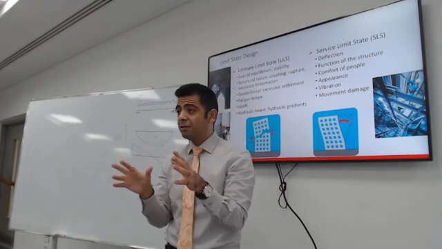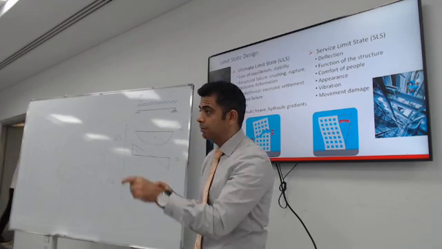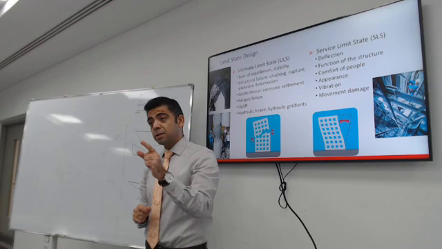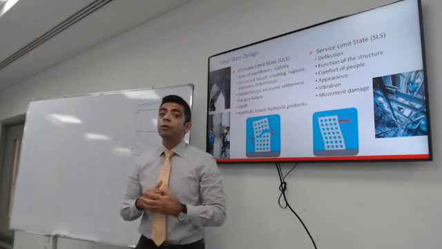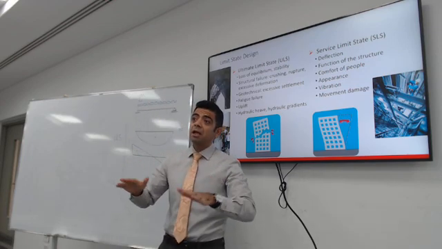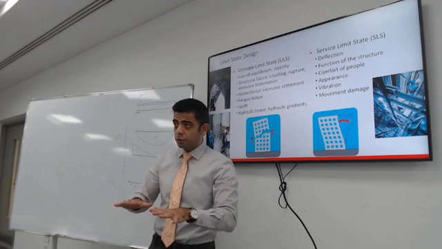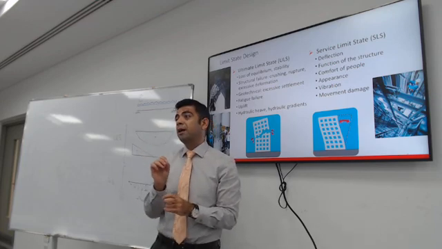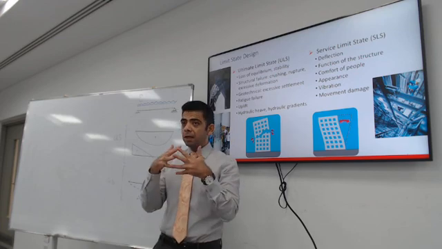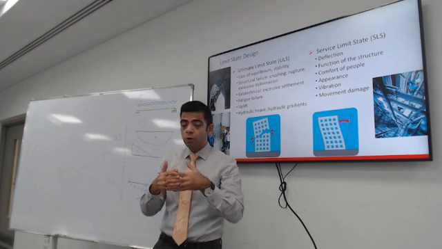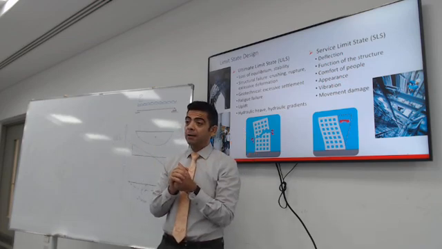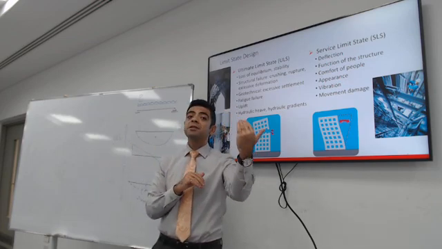There are 2 cases that you need to make sure that the building is functioning properly. The first state is called the ultimate limit state. If you load this structure all the way to the point it's about to fail, is it going to be able to withstand the loads, or is the material going to give way and fail? So that's called the ultimate limit state.